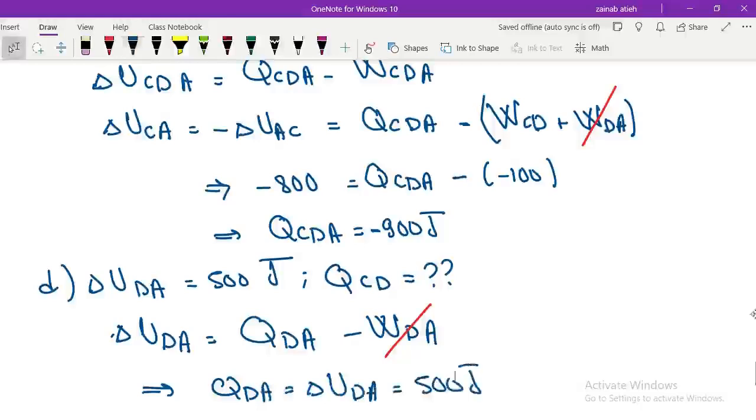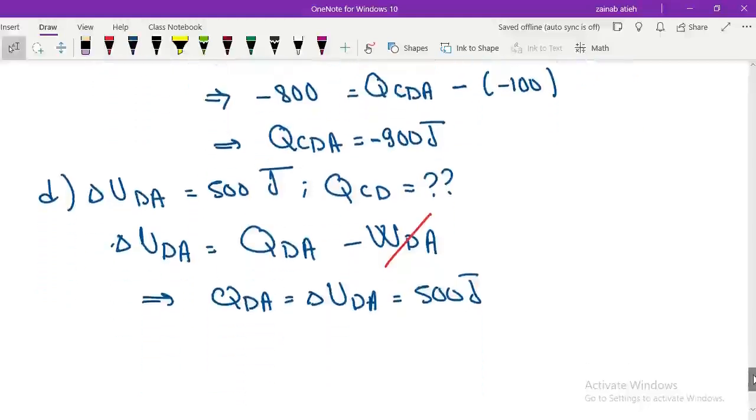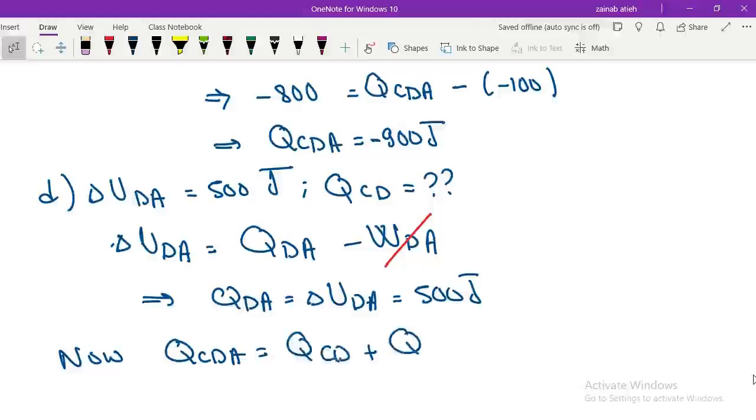Now I have QDA. I calculated QCDA along the path CDA. So now QCDA is the Q along the path CD plus the Q along the path DA.